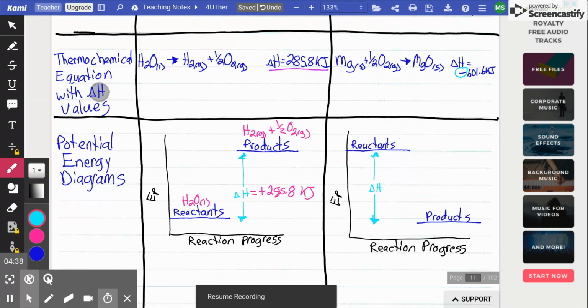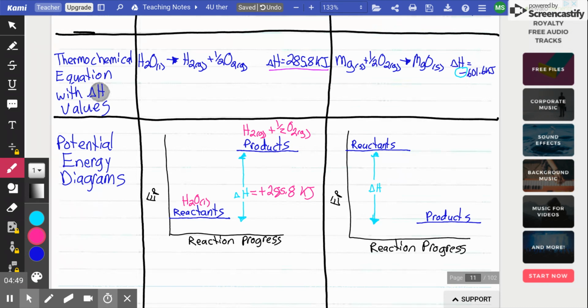The potential energy diagram for a exothermic reaction looks basically like the opposite. So instead we have our reactants with a high amount of energy, and our products have significantly less energy because the energy has been released. So when we do this for an actual reaction, we don't write the words reactant and product. We write what the reactants are and what the products are.